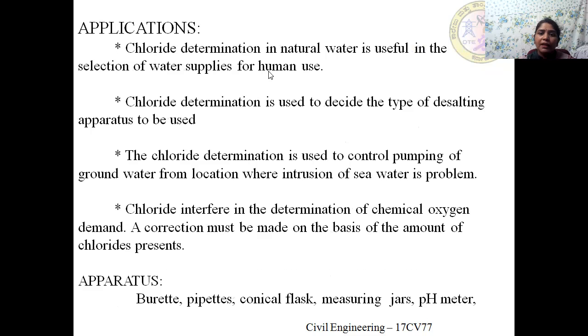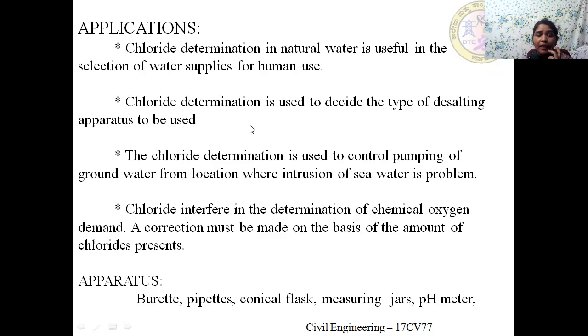Moving on to the applications, the chloride determination in natural water is useful in the selection of water supplies for human use, as the permissible limit is 250 mg per liter. So for any domestic water supply, we need to determine its content and say whether it is suitable for domestic supply or not. Chloride determination is also used to decide the type of desalting apparatus to be used.